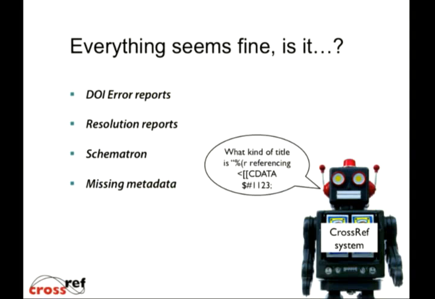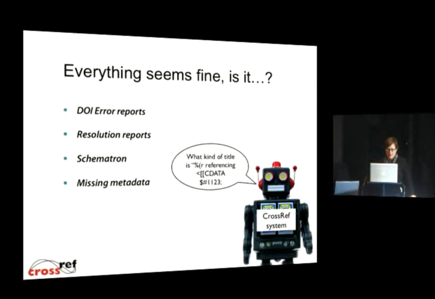So another thing you might want to figure out is how do you spot problems. You deposit a DOI with us, it resolves, everything's great, yeah? But what if the DOI is not deposited, or if it's deposited with minimal metadata? It'll link, but beyond that, it's not very useful.